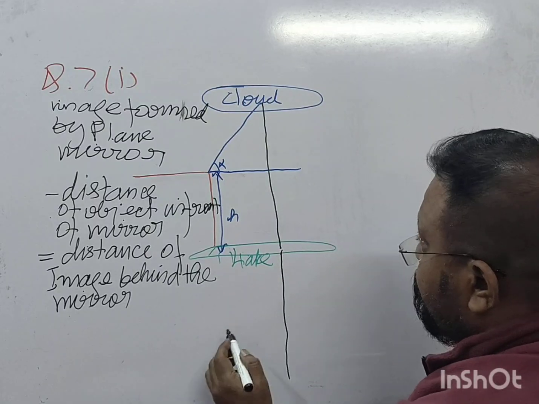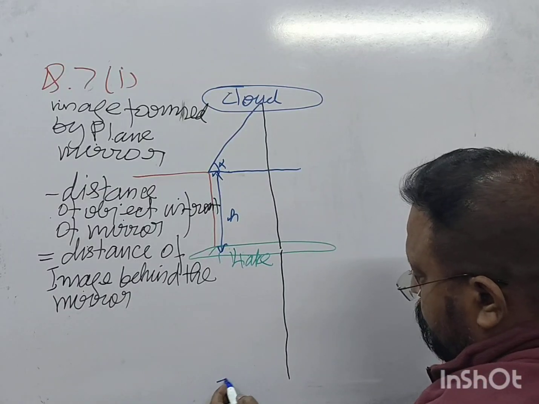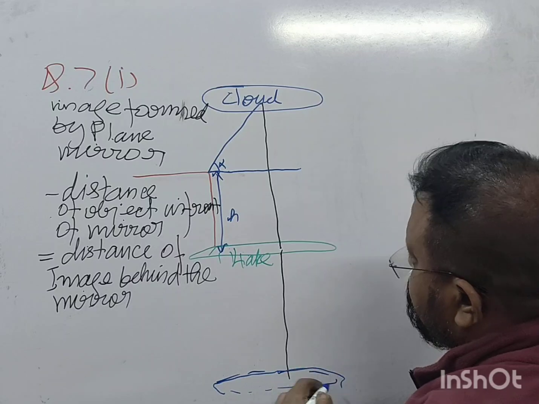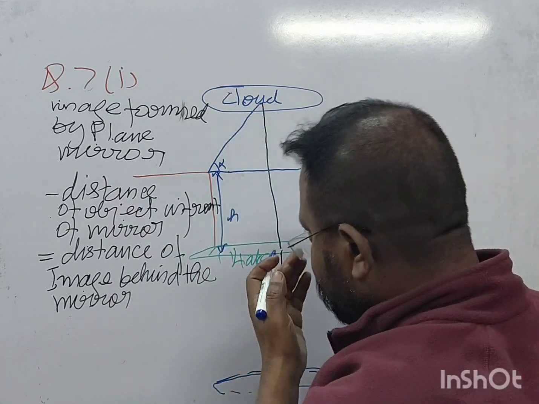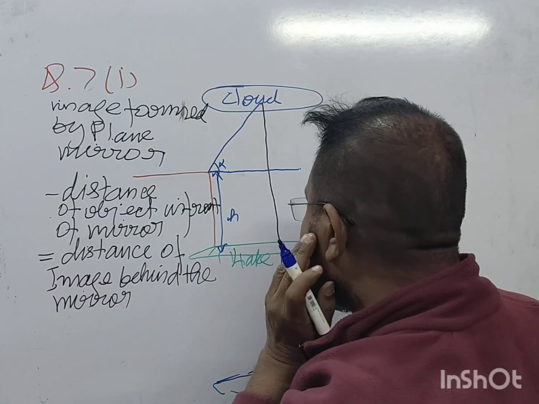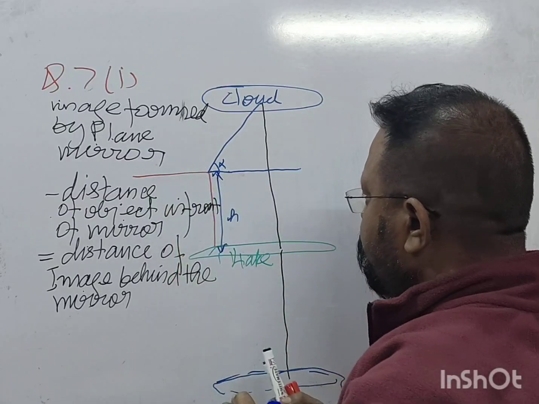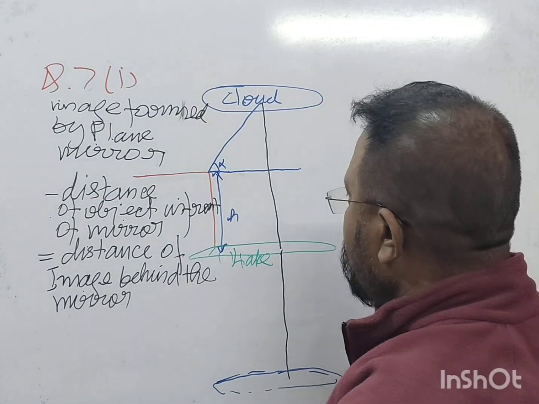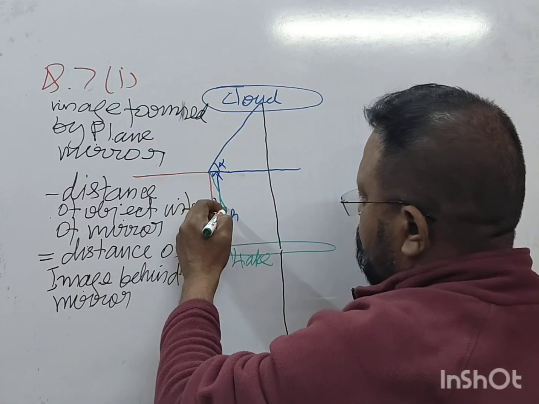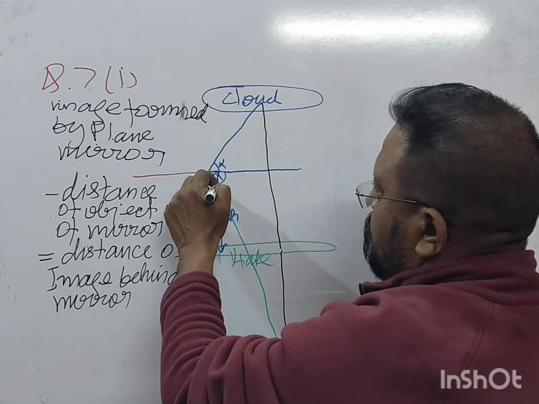This remains the same. So the image of the cloud will be formed here, right? And the angle of depression to that point becomes beta.